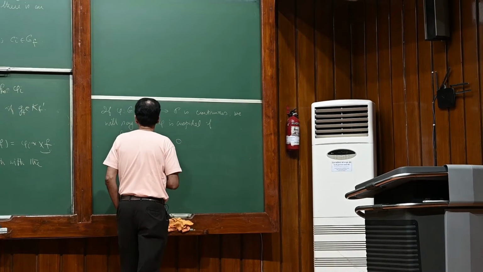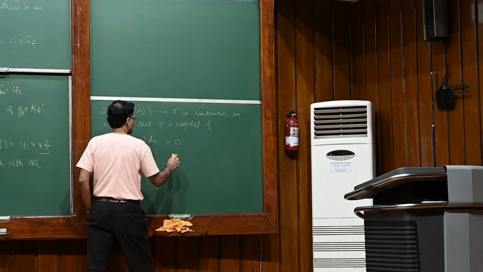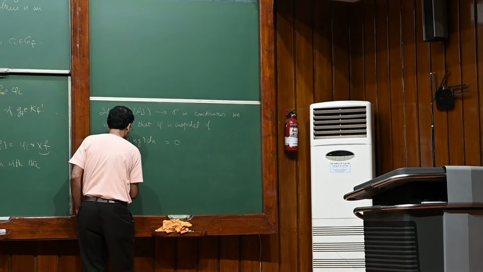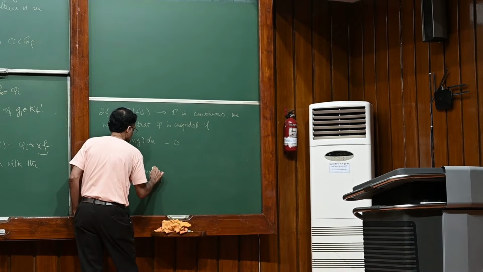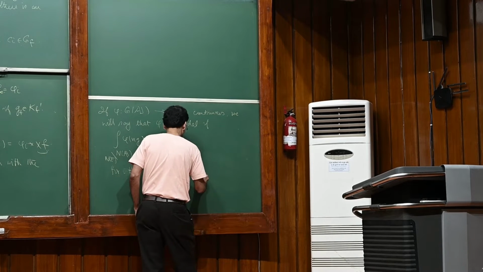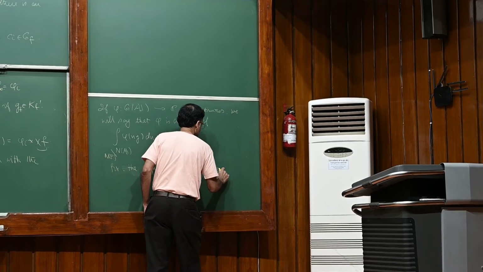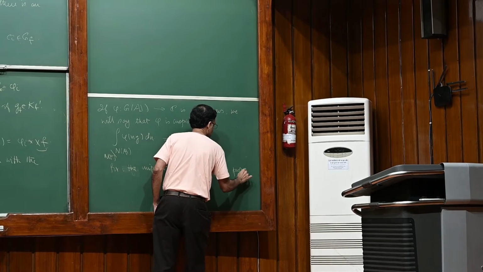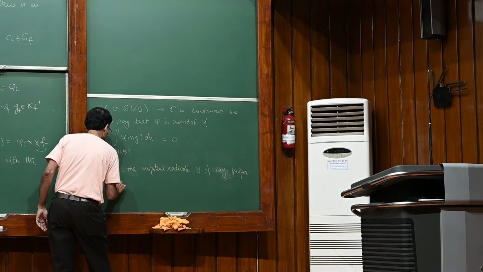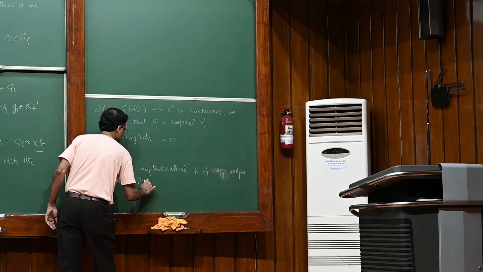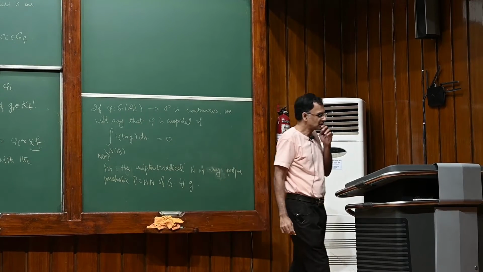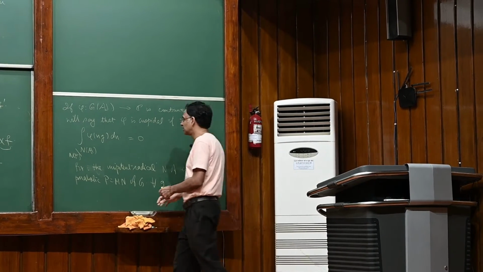This is 0 for the unipotent radical N of every proper parabolic, equal to M N of G, and for all g. Okay, alright. So this is what it means to be a cuspidal thing.